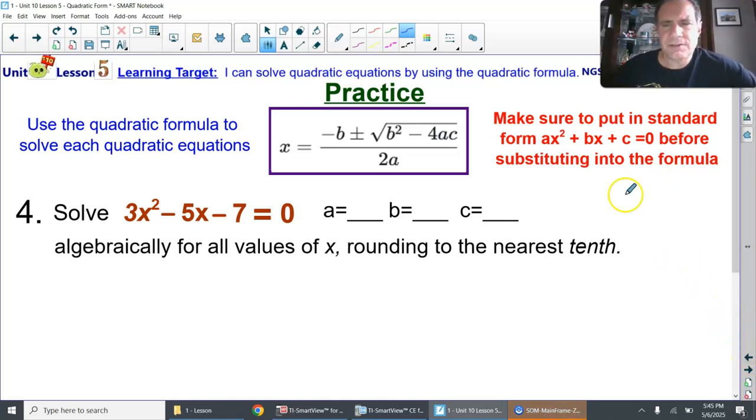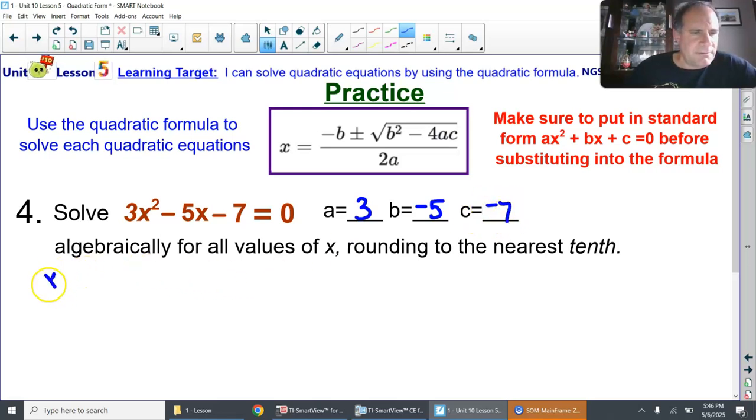Going to this, it says round to the nearest tenth. That's what we're going to do. These are in standard form, so we don't have to mess with them at all. I'm going to write down the quadratic formula, which is what I always do first.